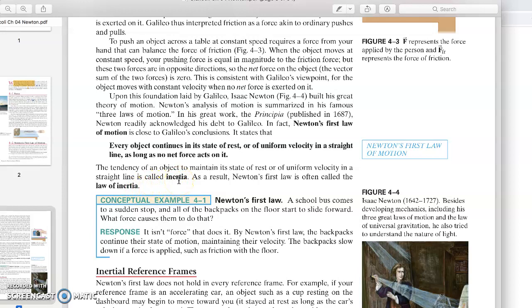So the object itself cannot change whether it's at rest or at uniform velocity, and that is called inertia. The object will maintain its state of motion or of rest. And that is why Newton's first law is called the law of inertia.